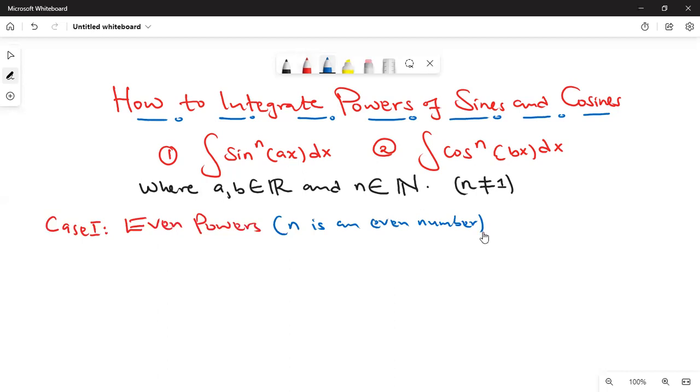So what you're going to do here is to use this identity that cosine squared theta minus sine squared theta is the same as cos 2 theta.